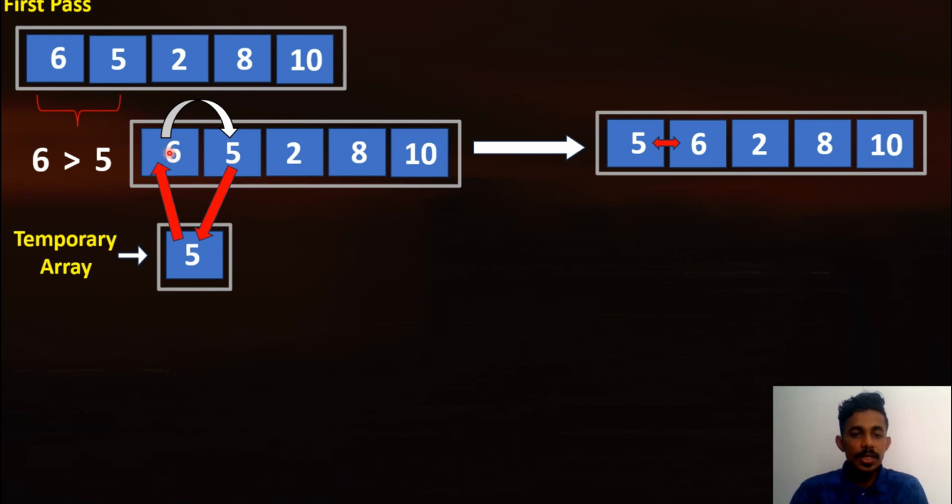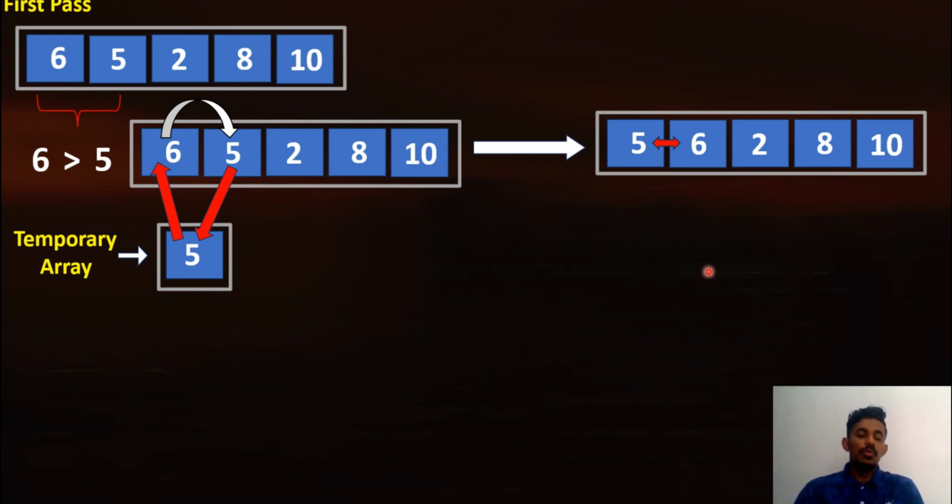Then 6 can move to that place, and when 6 has moved there, 6's original place is empty, so 5 moves to the sixth place. After the first two elements are checked, it shows 5, 6, 2, 8, 10.